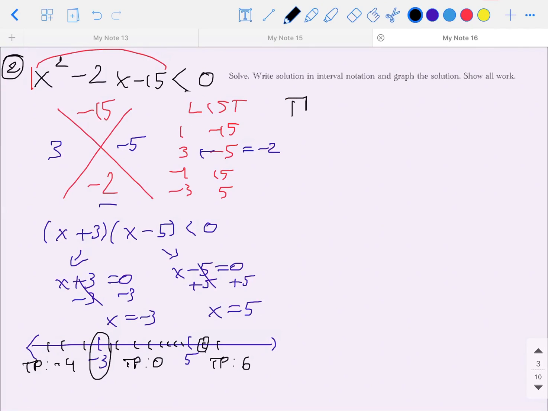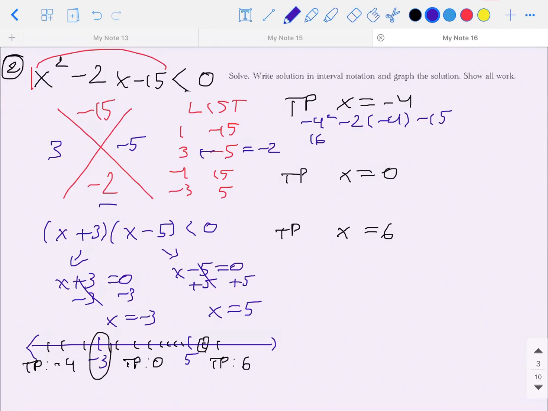So test point x equals negative 4, test point x is equal to 0, test point x is equal to 6. And then from here, just substitute and then find out if the solution does make sense. Negative 4 to the second minus 2 times negative 4 minus 15.